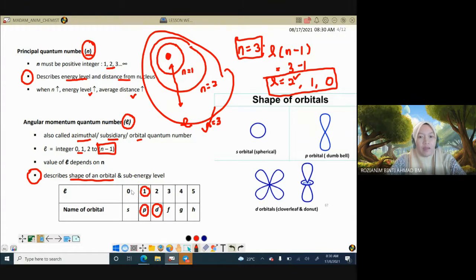But if L equal to 0, and the shape must be S. So kalau dia 3, F, 4, G and so on. But in our syllabus, okay, in matriculation, kita hanya lukis orbital S, orbital P and orbital D sahaja in our level. Okay, so macam mana kita nak lukis?